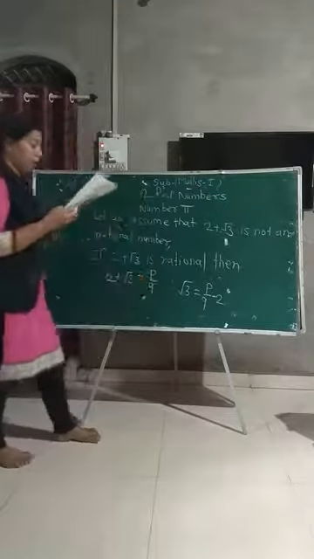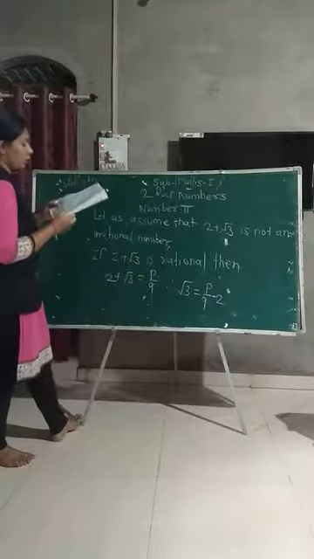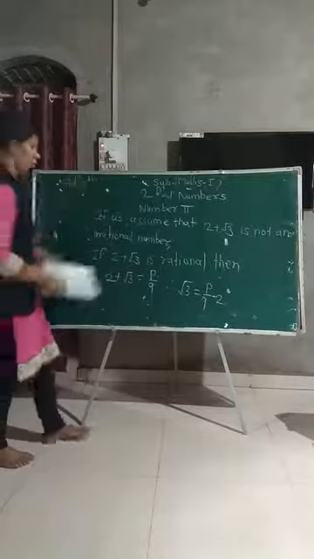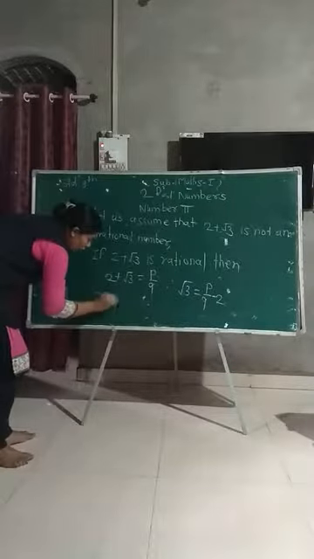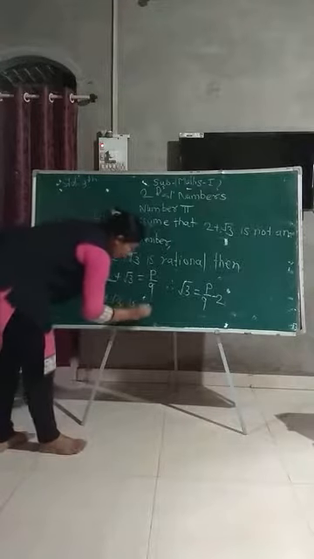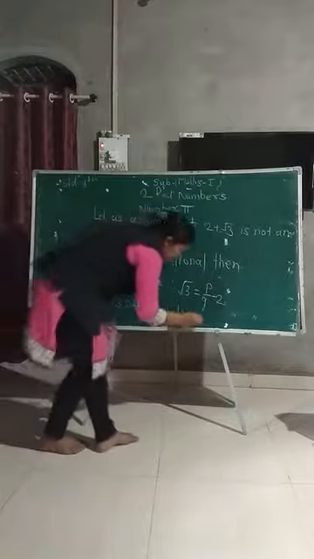So similarly, 2 plus root 3 is not rational, but it is an irrational number. Therefore, 2 plus root 3 is an irrational number.